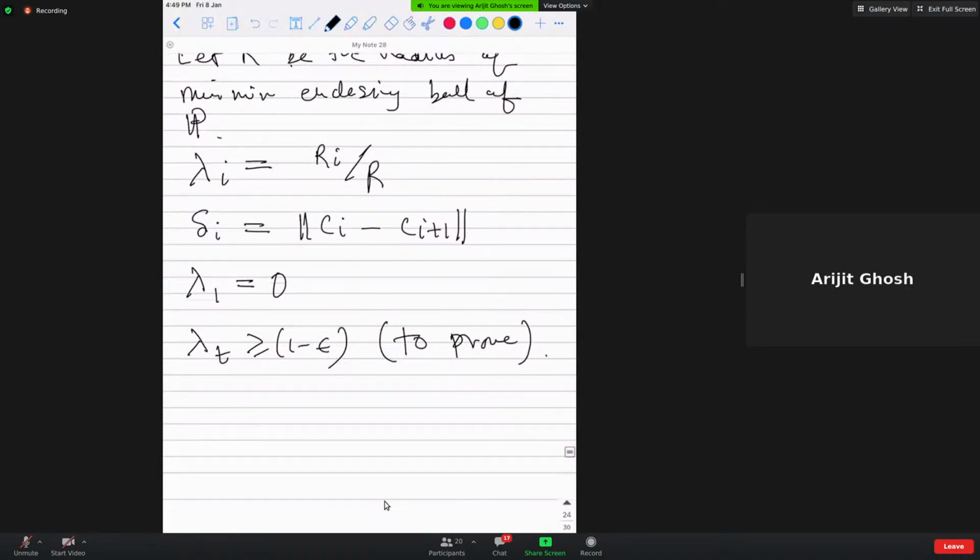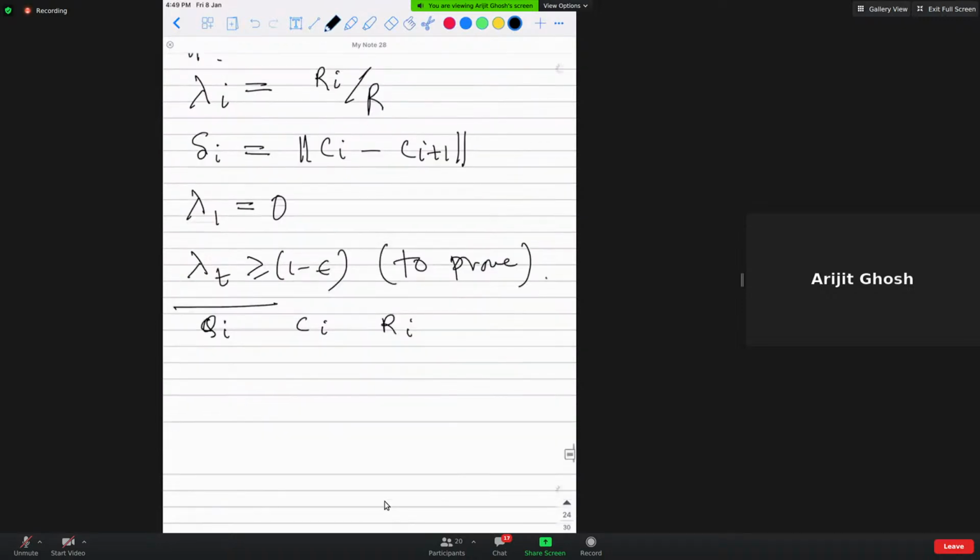So let's say we are at the center Ci now. We have this set Qi with center Ci, radius Ri. Can we say that there exists a point Q in P such that the distance between Ci and Q is greater than or equal to R?